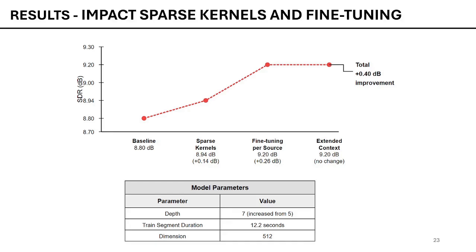Fine-tuning the model on a per source basis further enhanced the SDR by 0.2 decibel. An attempt was made to extend the receptive field of the transformer encoder to 15 seconds by reducing the batch size, because longer input sequences require more memory. However, this did not yield additional improvements as the SDR remains at 9.20 decibel.